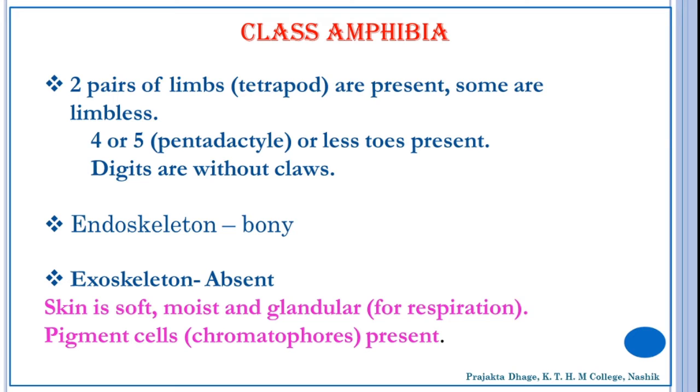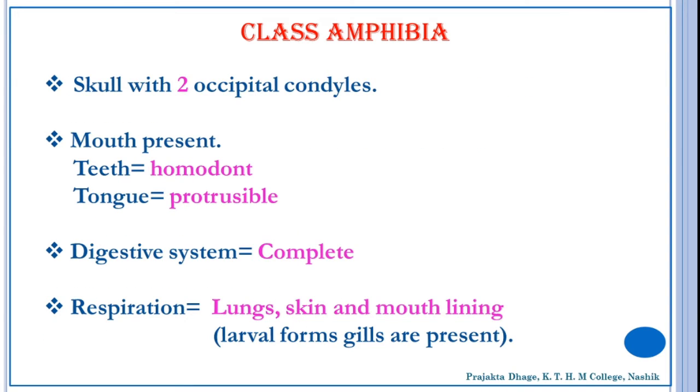Now pigment cells called chromatophores are also present in the skin of these organisms. Let's move on to the next point, the presence of skull. We all know that these organisms are vertebrates, which means they have a cranium made up of bones.